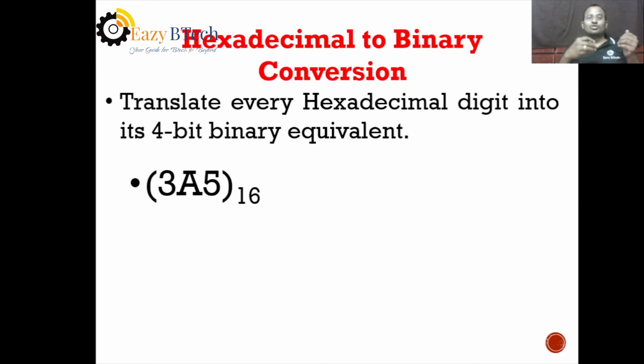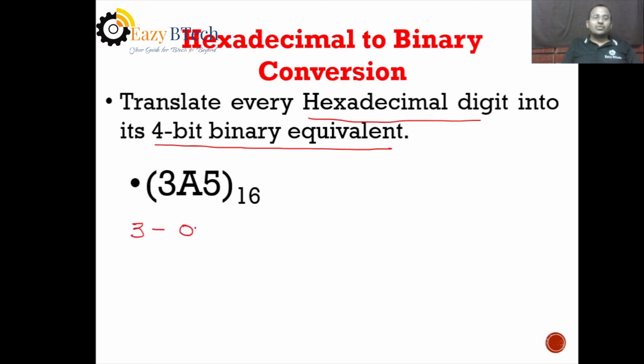This is similar to octal to binary conversion. For each hexadecimal digit, we have to write the corresponding 4-bit binary equivalent. So what is the binary equivalent for 3? It is 0, 0, 1, 1.